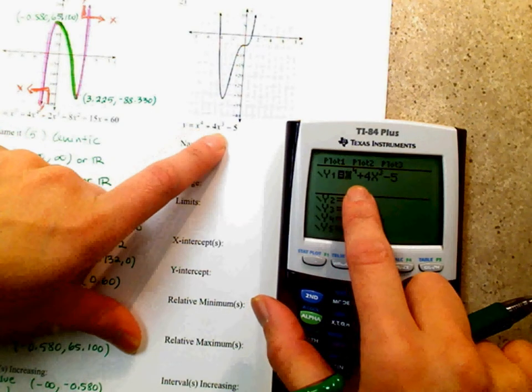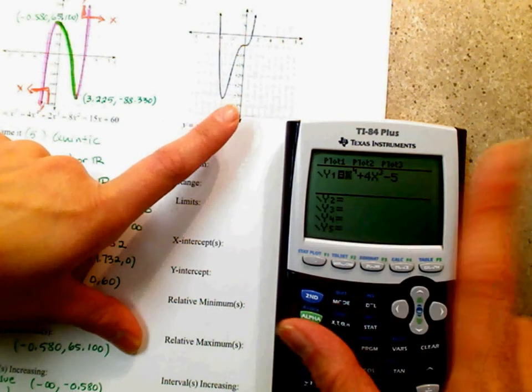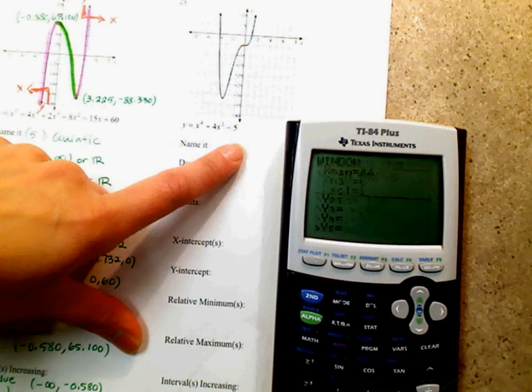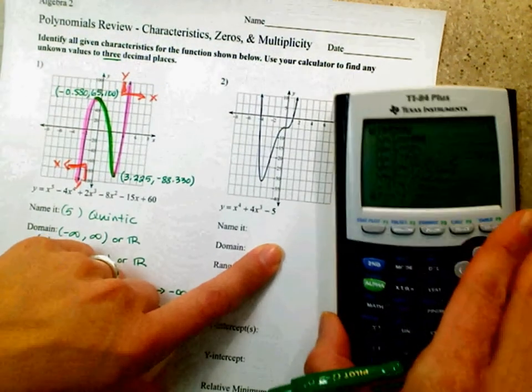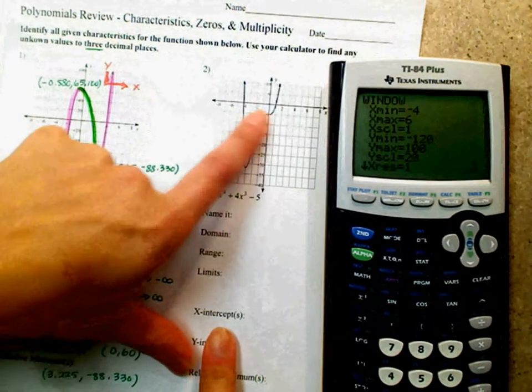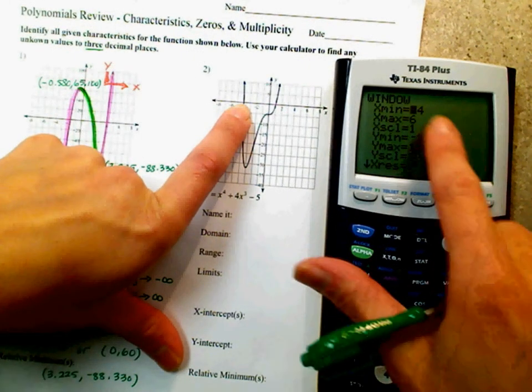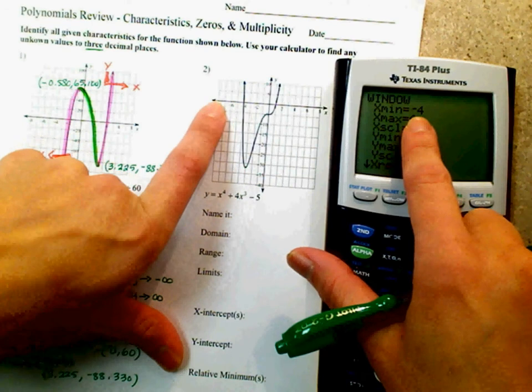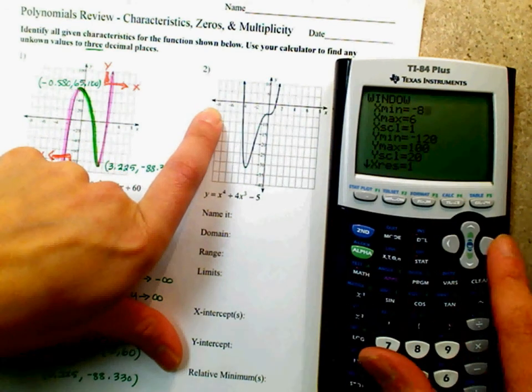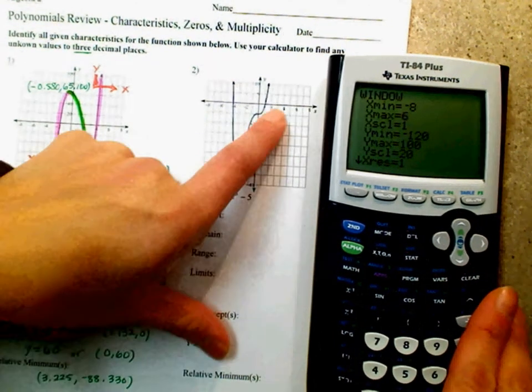So I did, okay? Now what I'm going to do is I'm actually going to change the window. Look at the graph I have given you. Use that to help you. I'm going to change this. See how it stops here at negative 4 for me? Let's make that a negative 8 so I can see it a little bit better. Look at your other side, your x maximum. See how it stops at 1?